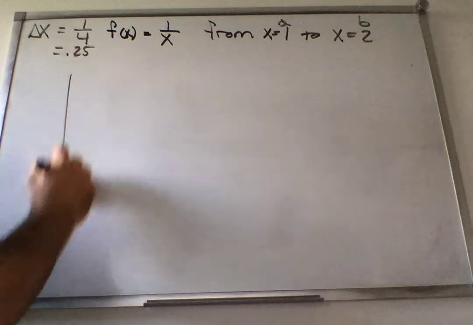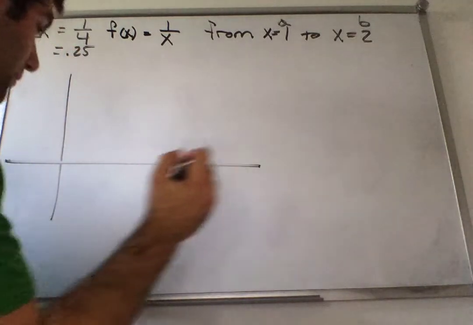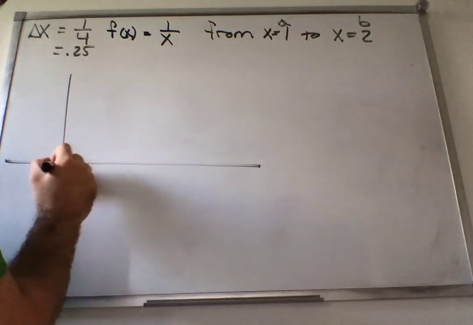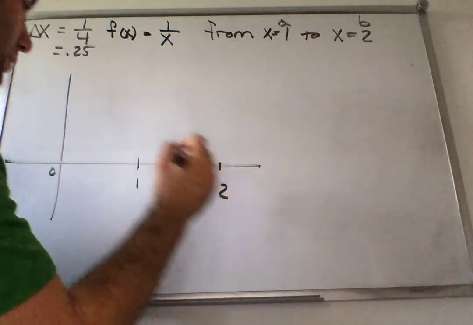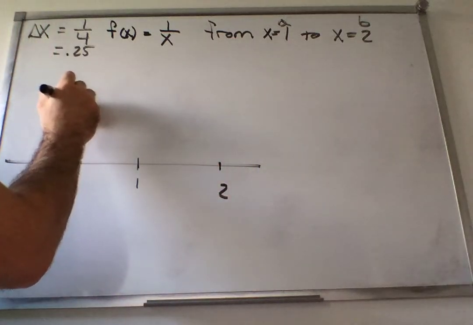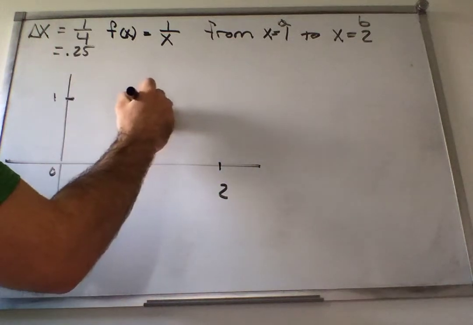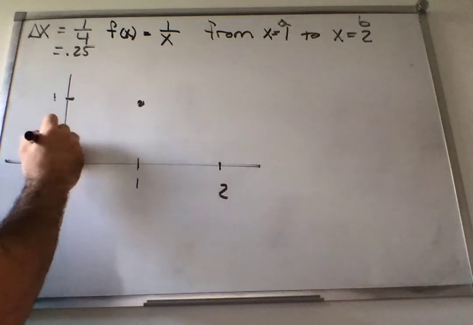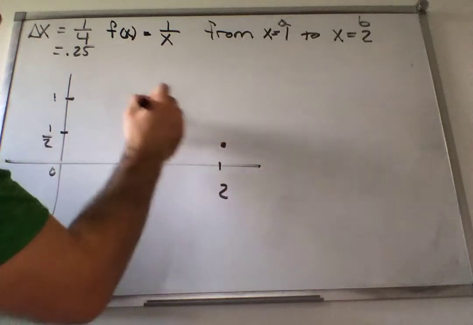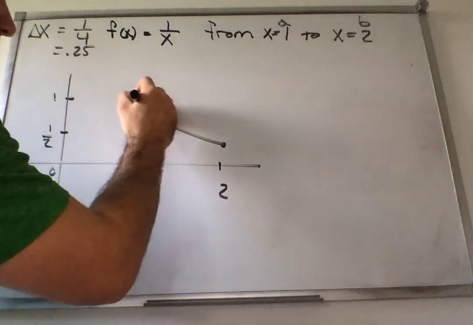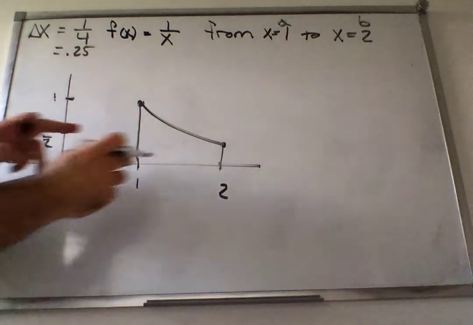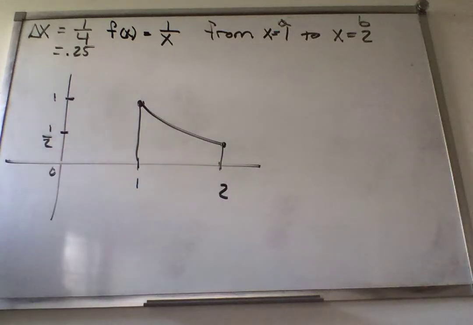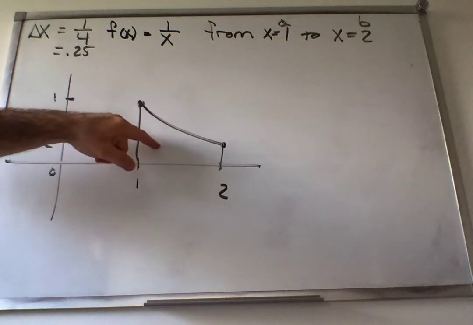Here's the graph. Here's 0, there's 1, there's 2. That is the shape whose area we're going to find.